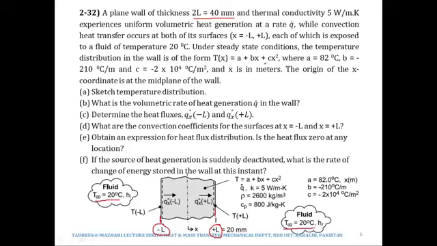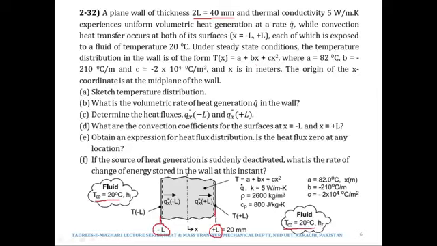If there had been no internal heat generation, considering the one-dimensional heat transfer and constant properties, and under steady state conditions, this temperature distribution would then have been of the form A plus Bx, if you recall what we had covered in the lecture. But since there is internal heat generation, the temperature distribution will no more be linear.